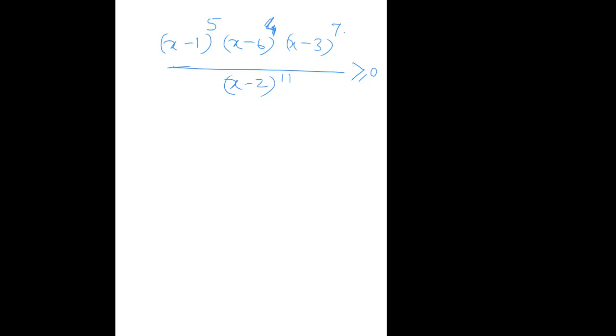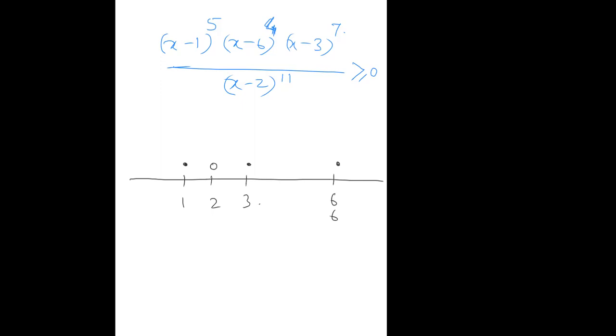Okay, see. First, we'll make the sign scale, starting with the number line. In the number line, 1 having odd power 1 time, 6 having even power 2 times, 3 having odd power, 2 having odd power, right? 2 open, right? And everything else closed.